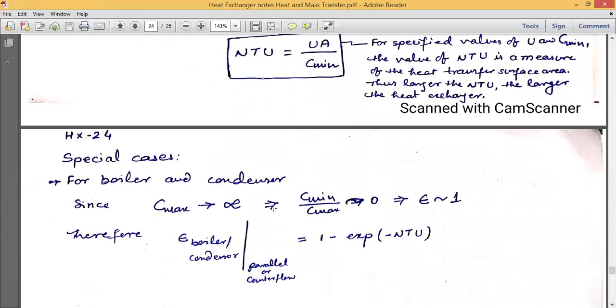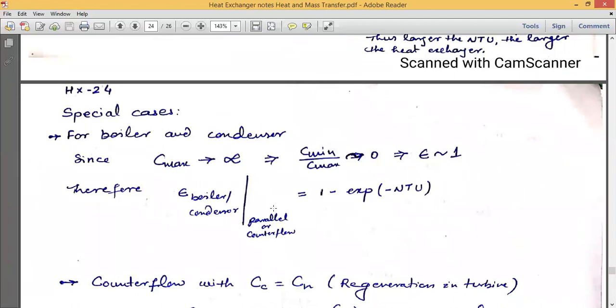So there are two special cases. Suppose there is a phase change heat exchanger, say a boiler or a condenser. What is the speciality? The speciality is that one of the fluids has a heat capacity rate of infinity.